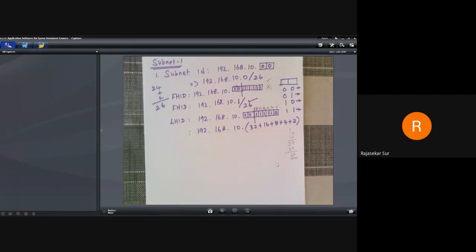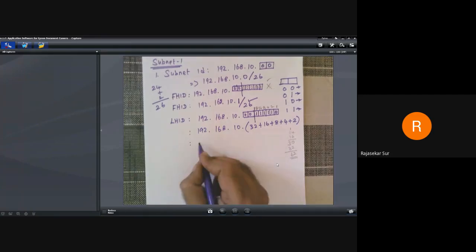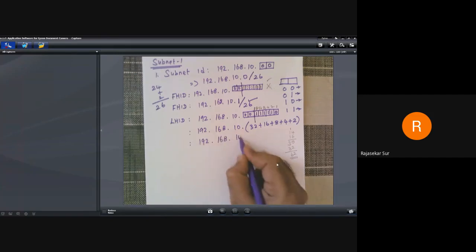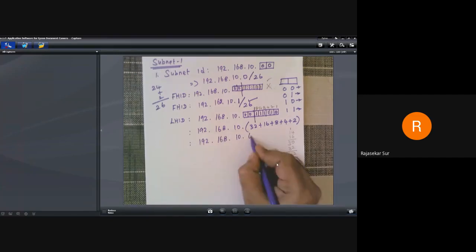So now your last host ID is 192.168.10.62.